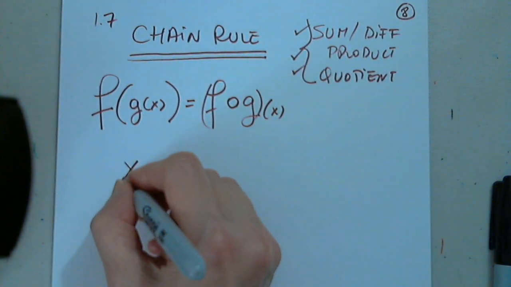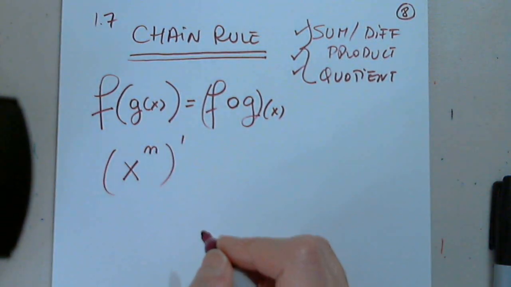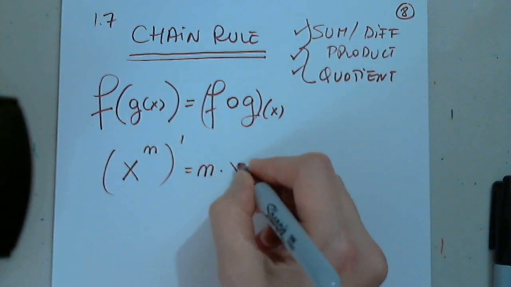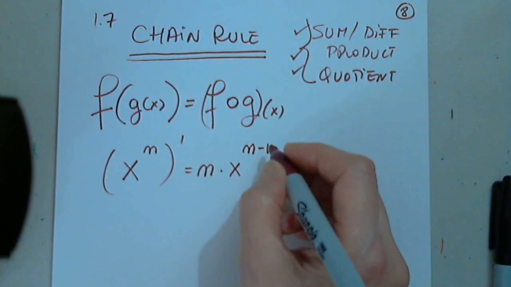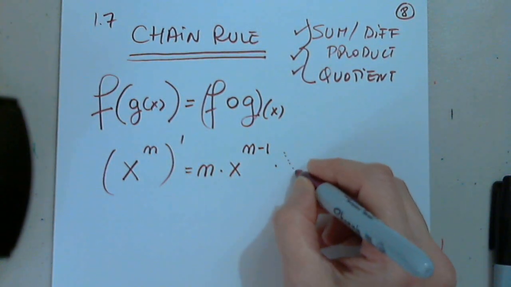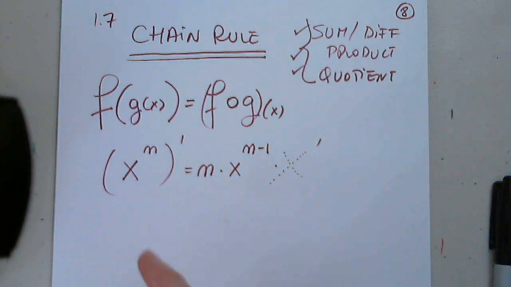When we discussed x to the nth power prime, we said n in front, subtract 1 from the power. And today, I told you that we should have also written here at the end times x prime.